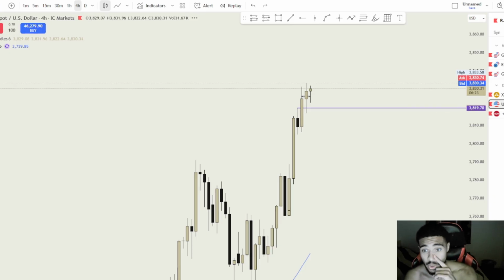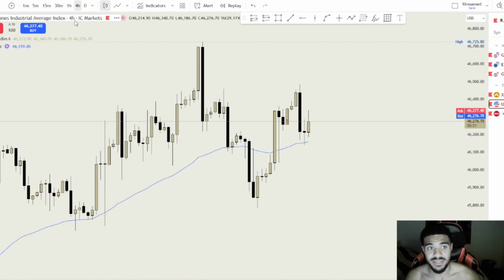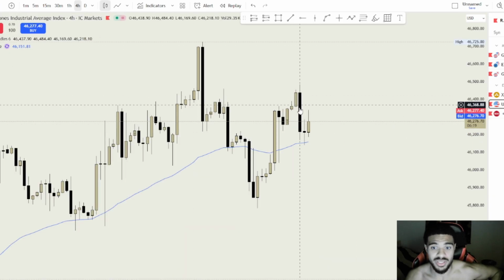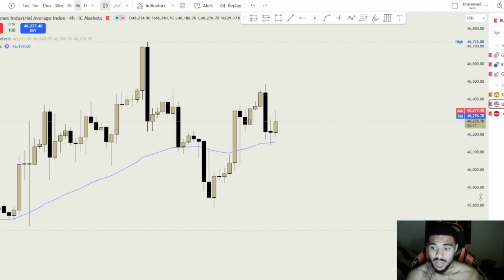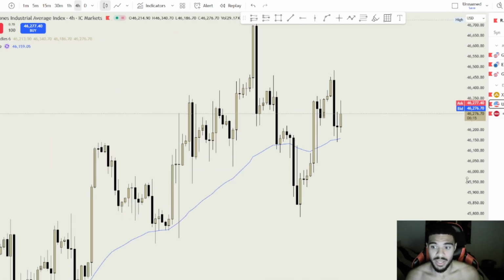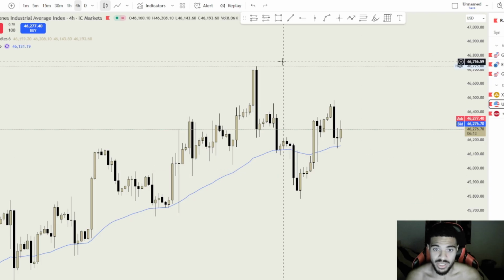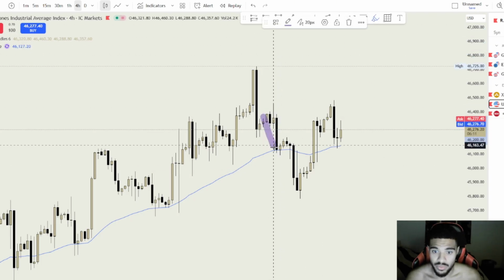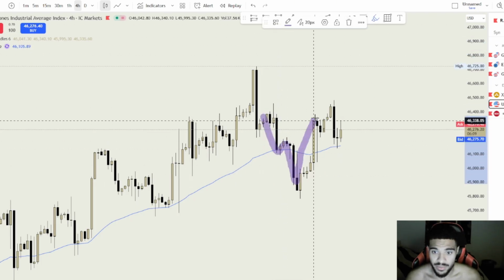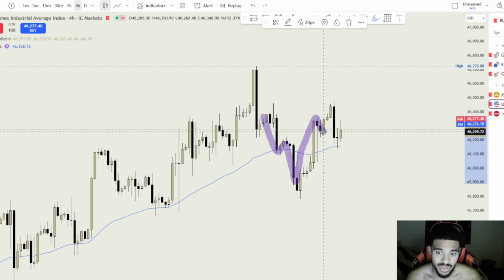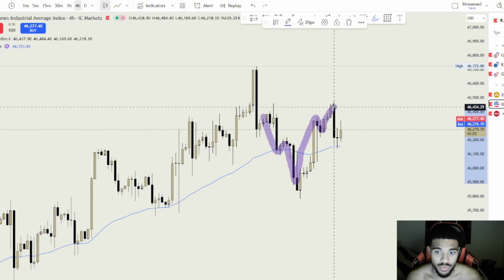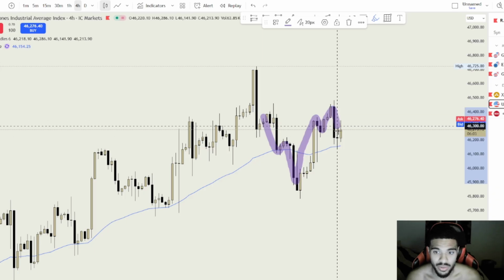Now I know stocks did take a big hit, as you can see here from the FOMC event, but we are creating an inverse head and shoulders. So left shoulder, head, you can class it as the right shoulder. I wouldn't really, well actually it is kind of, but gone up.